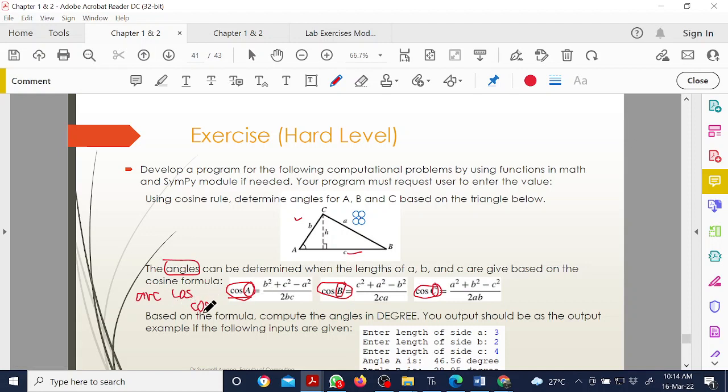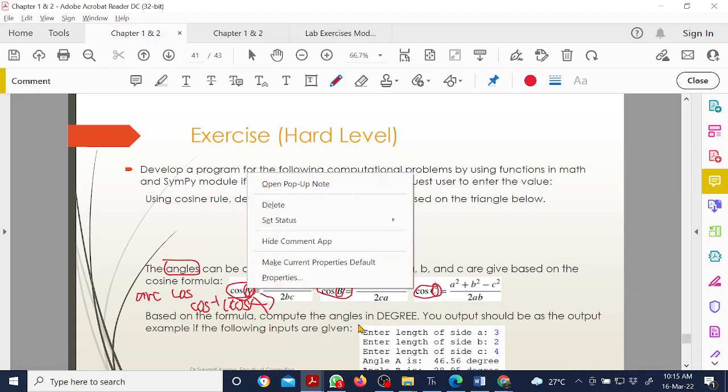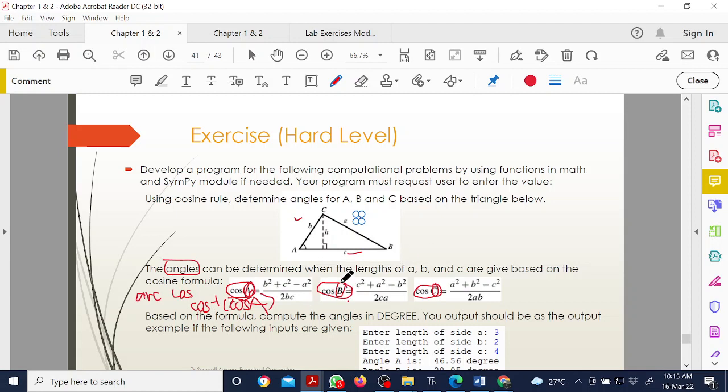When we inverse the cos for A, we will get the angle for A. Similar to this one, cos B is cos B, not angle B, right? So we need to have inverse cos B.